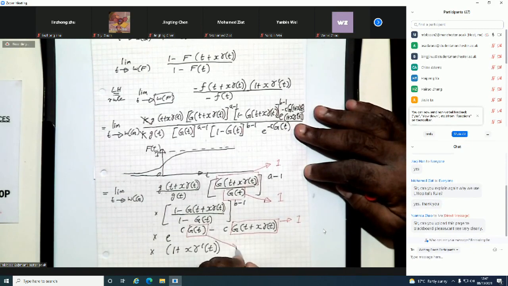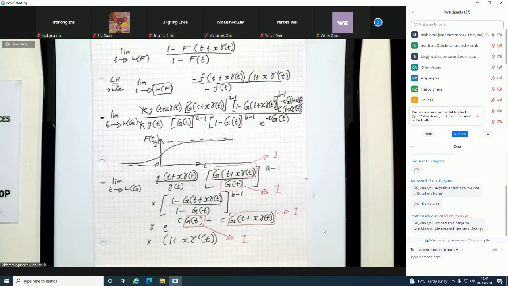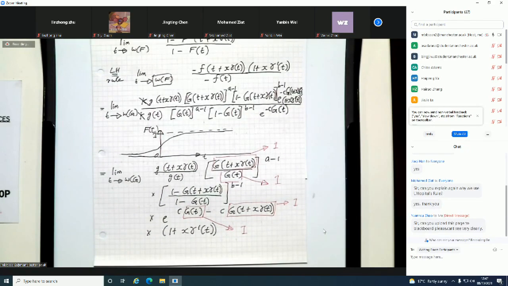This approaches 1. Can you see that? That's just because G is a valid CDF, right? Yeah, we are assuming that both F and G are valid CDFs.